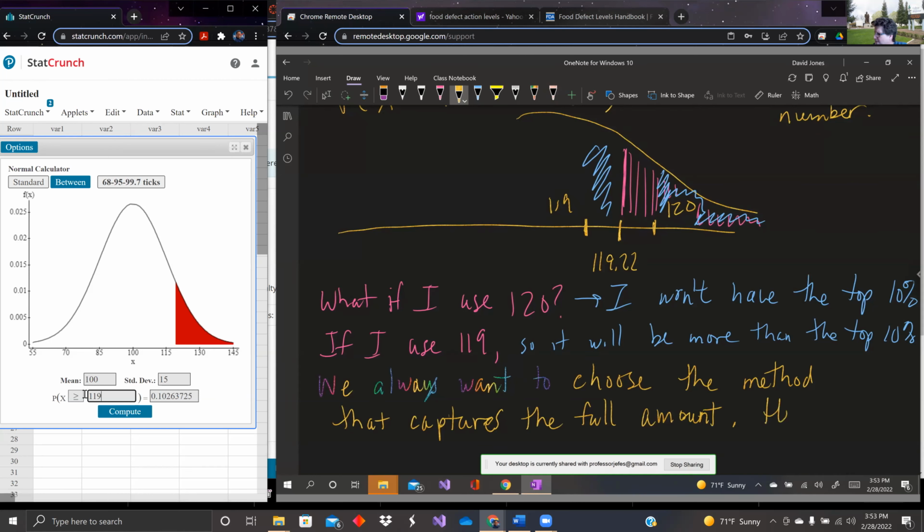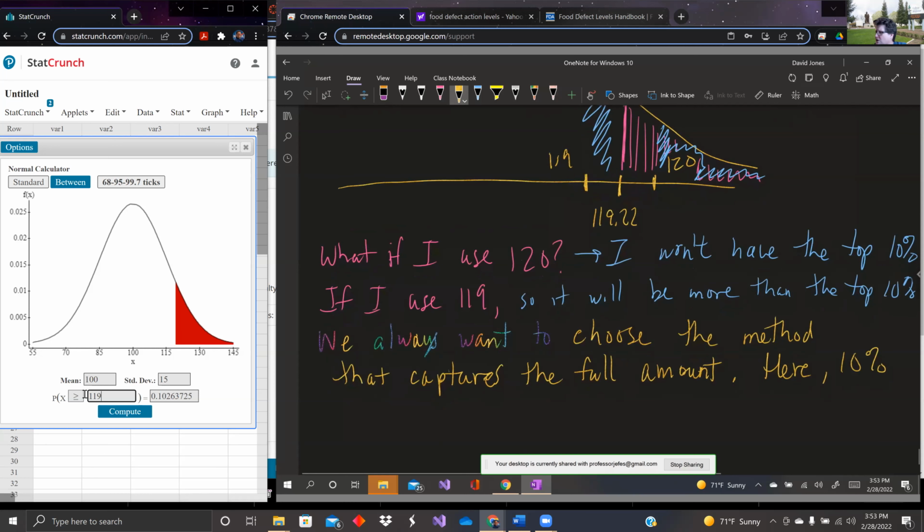Here it's the 10%. 120 does not get all 10%. So we're going to go with X equals 119. X is greater than 119, or scores above 119, scores 119 and higher.